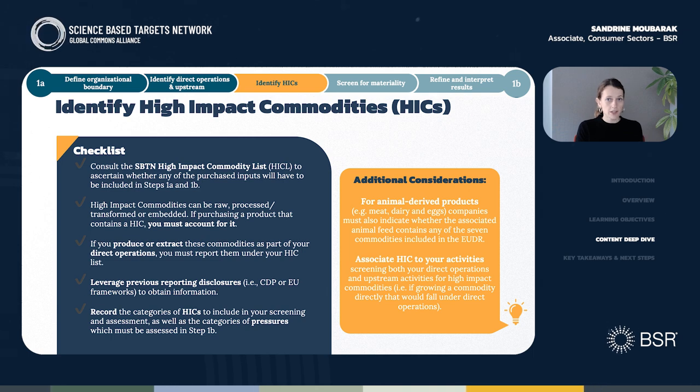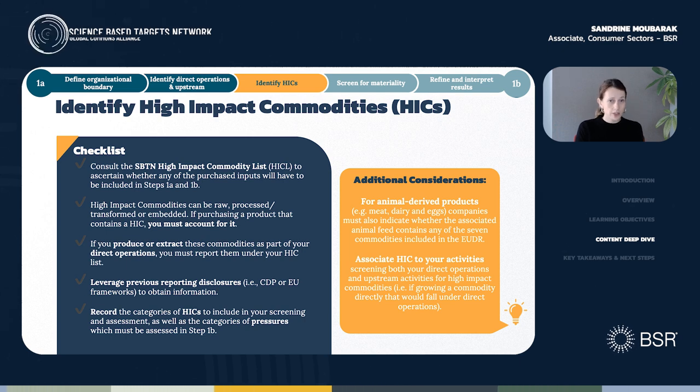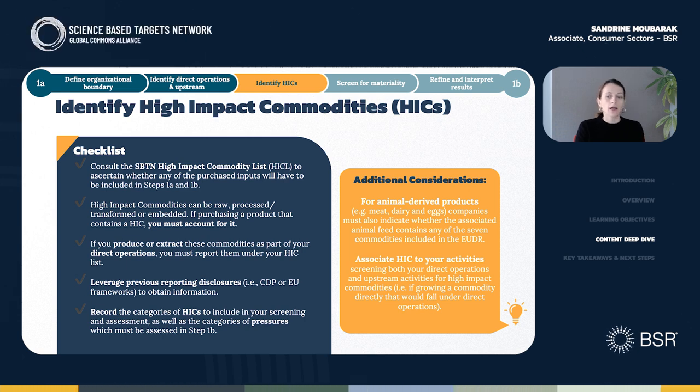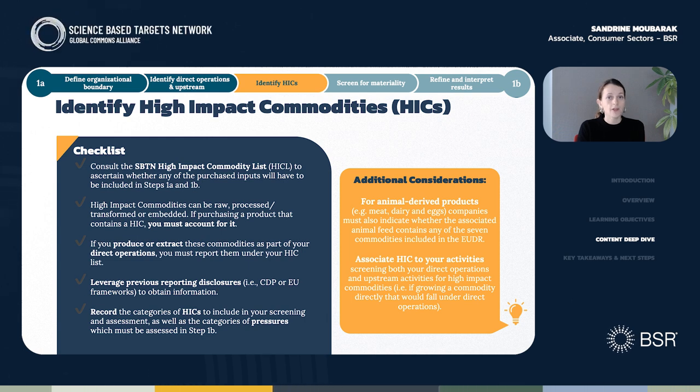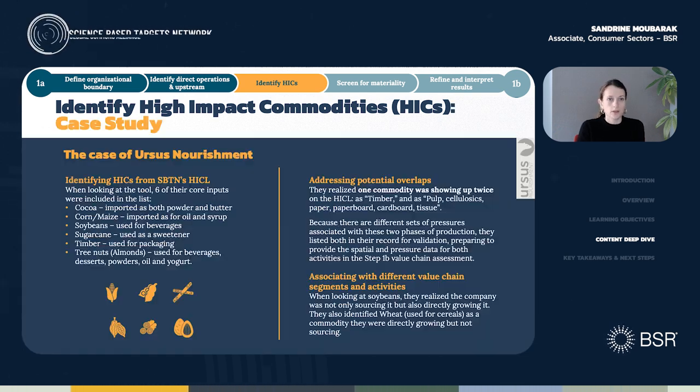For Step 1A, they shall list the high-impact commodities linked to direct operations and upstream activities, using this tool to record the categories of high-impact commodities to include in their screening and assessment, as well as the categories of pressures which must be assessed in Step 1B. As for embedded or highly transformed commodities, while they may not be readily implied in procurement data, they must still be accounted for. Let's now look at a practical example.